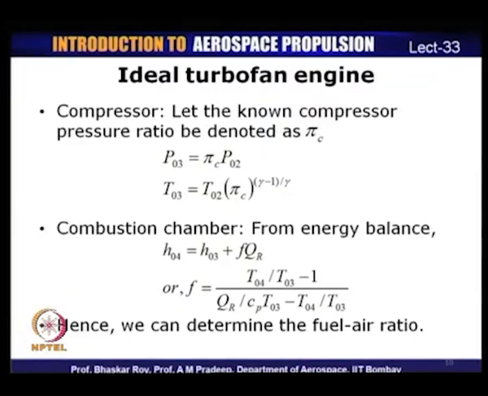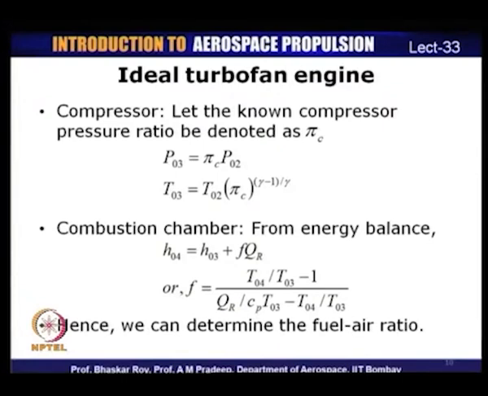On simplification, we get the fuel to air ratio as T04 by T03 minus 1 divided by QR divided by Cp into T03 minus T04 by T03. So, from this we can find the fuel to air ratio.